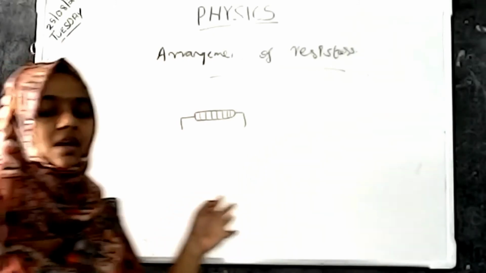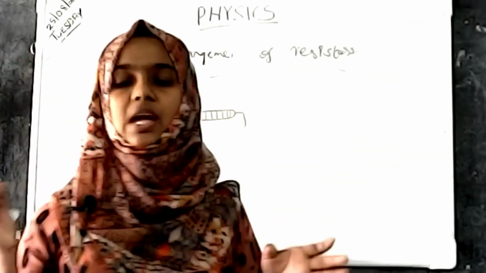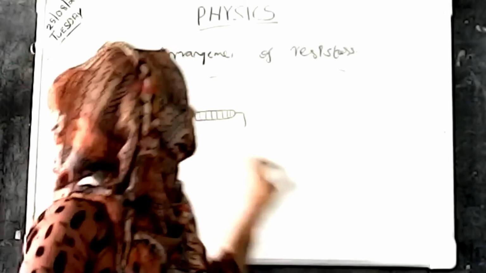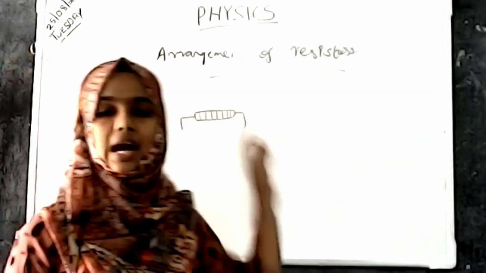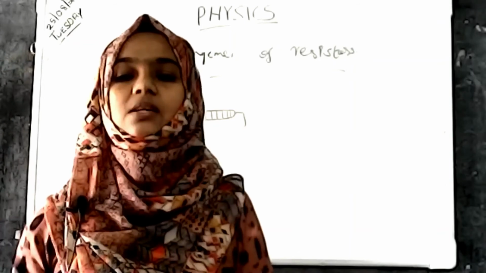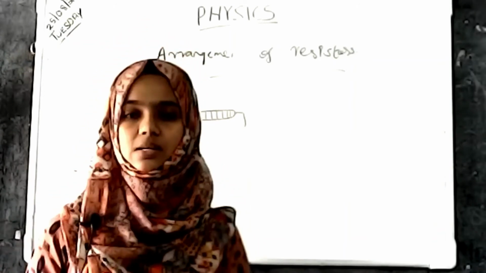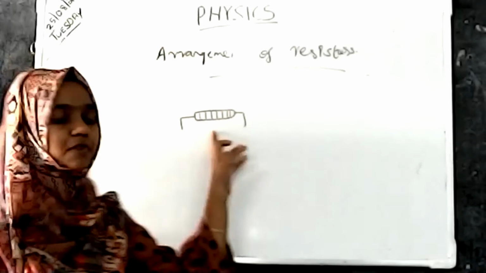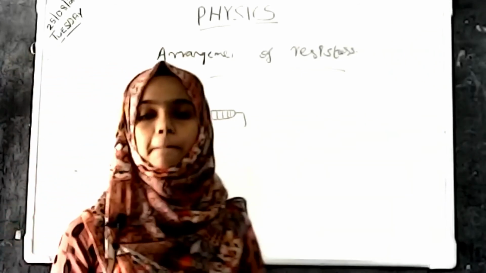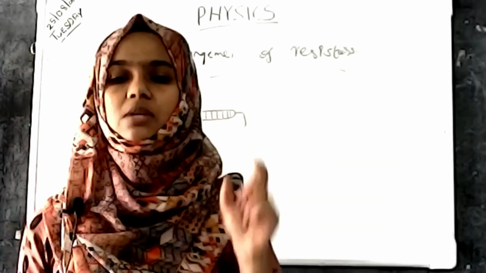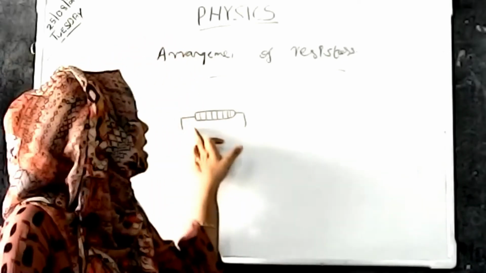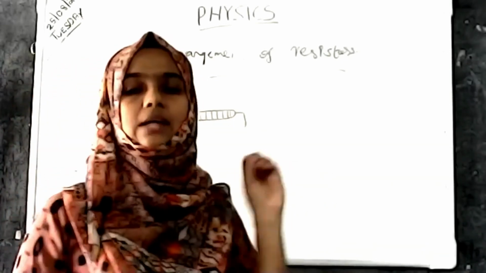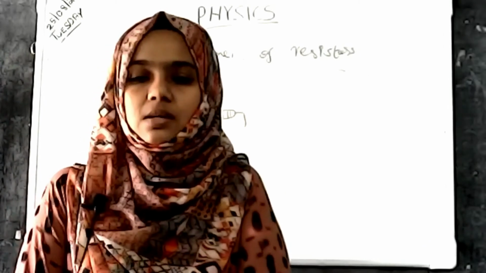So we can calculate the resistance of every resistor by calculating the values of the colored lines. When we buy resistors from the market, we have to find the resistance by counting the colored lines on the resistors.